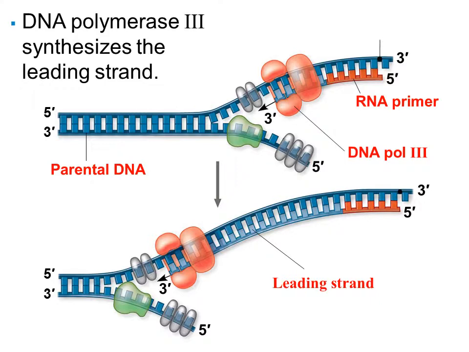So the DNA polymerase 3 is going to synthesize a continuous leading strand. It will therefore start at the 3' end of the primer that was just placed there by primase.